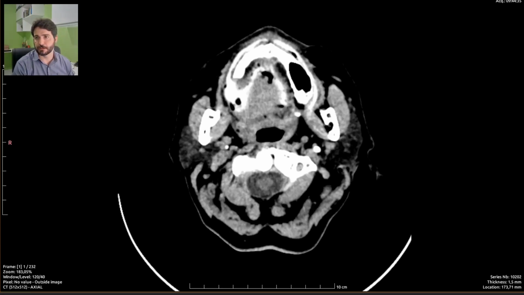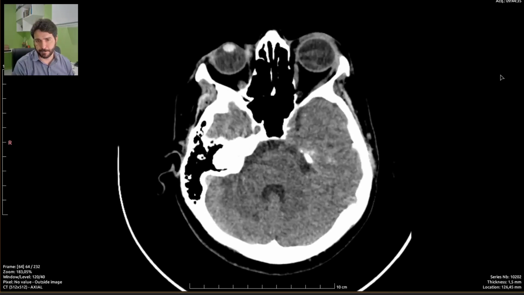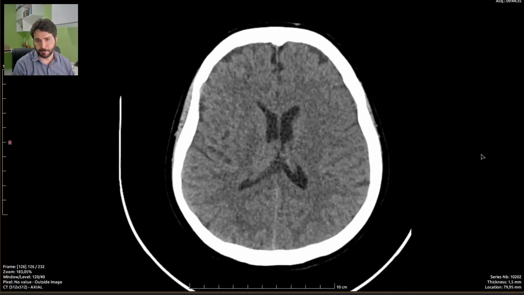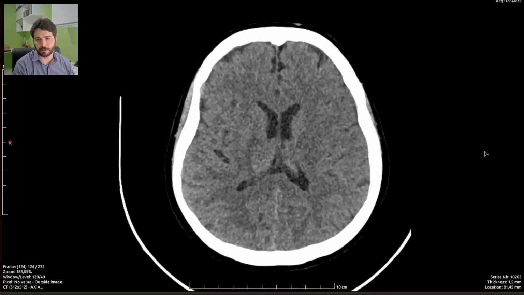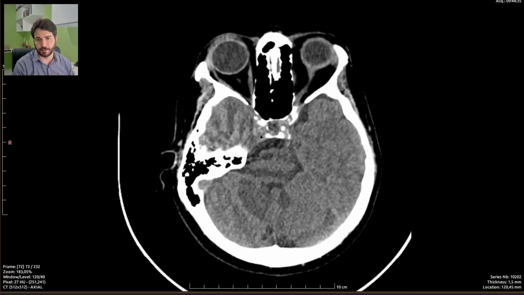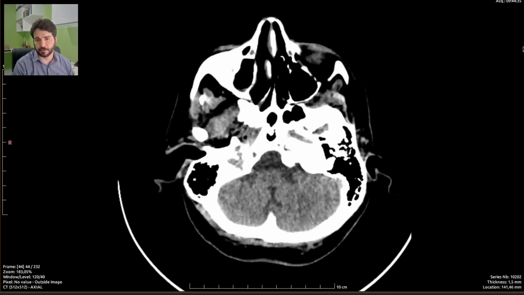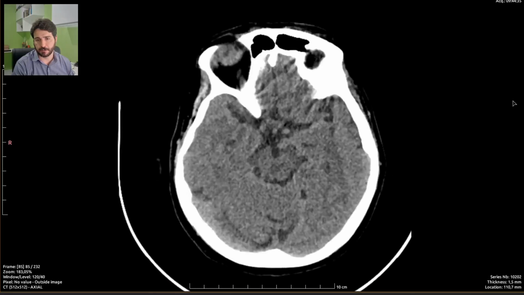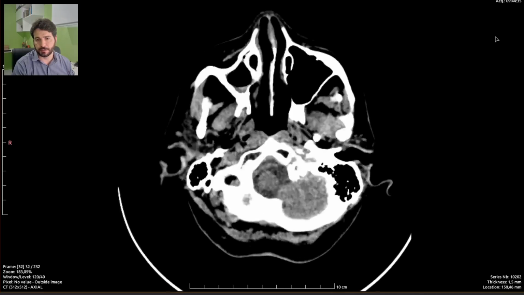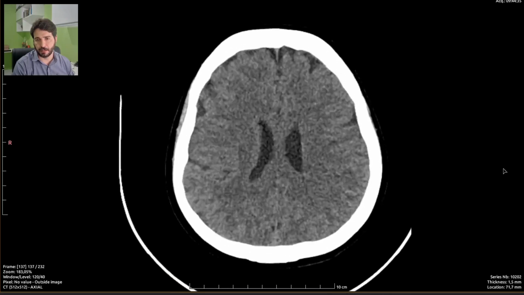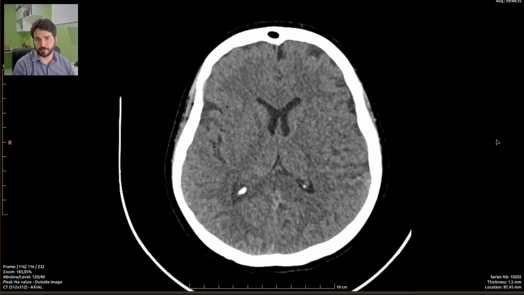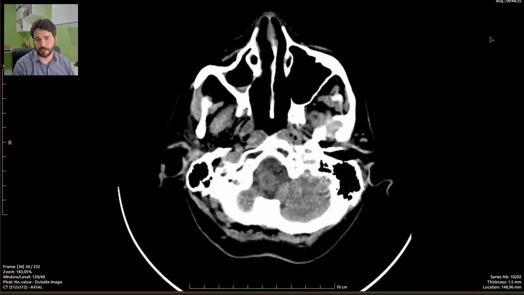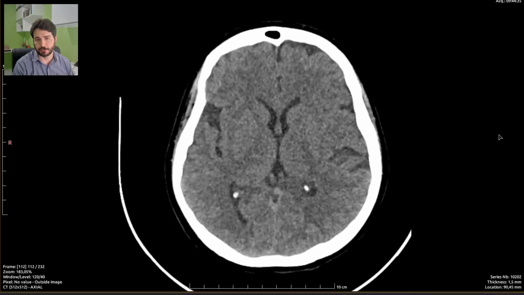So let's go. Yep. It looks okay to me. There's some calcification of the internal carotid arteries, but there isn't much to be said about the brain parenchyma. Brain is fine.